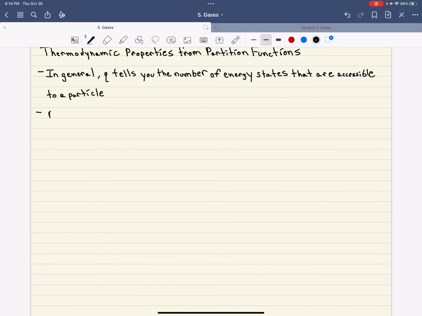So partition functions have the same mathematical properties as probabilities. And we're going to take advantage of that fact in a bit.